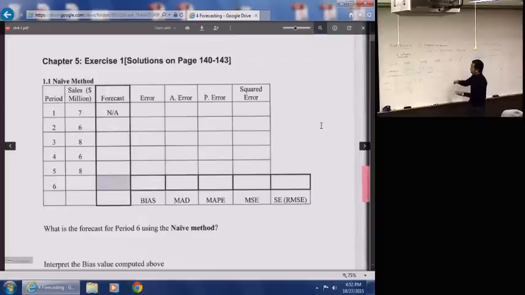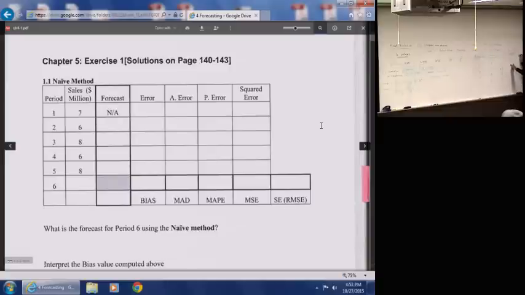And to compute the MAPE, we do almost the same thing, except that instead of computing the absolute error, we compute the percentage absolute error. Let's see how you do it. The first prediction is 7, actual value is 6, the error is -1.